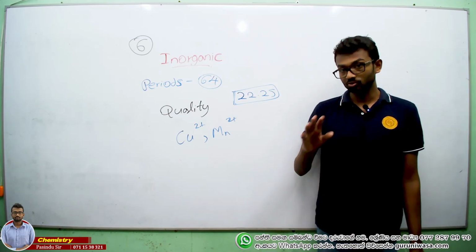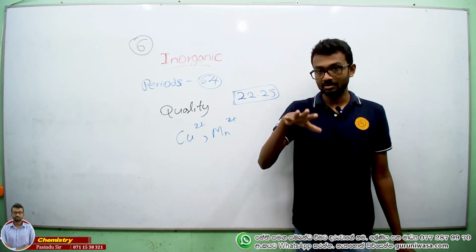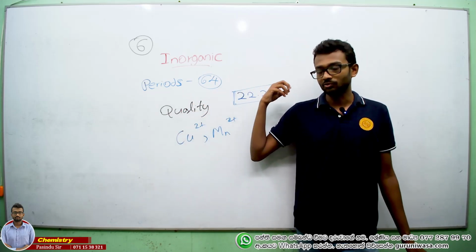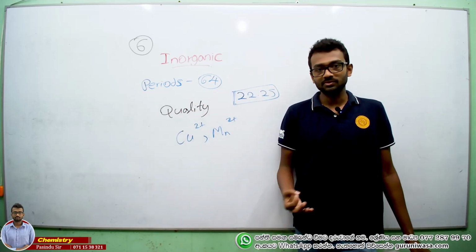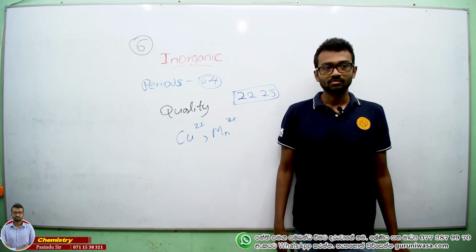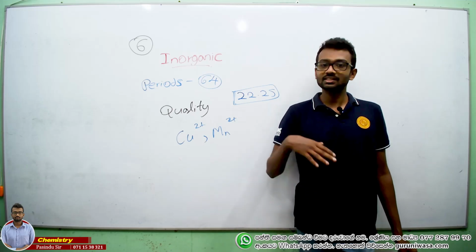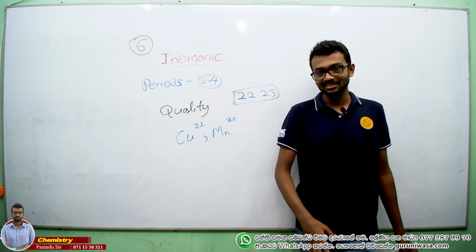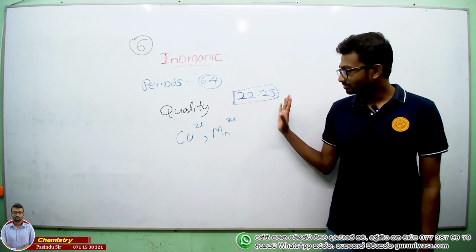But don't do that. I'm saying you can achieve marks even if you worry you cannot do calculations. Don't worry. If you do the calculations, you may pass, but you have to achieve full marks.